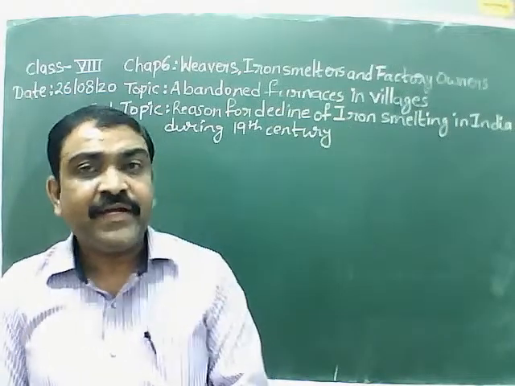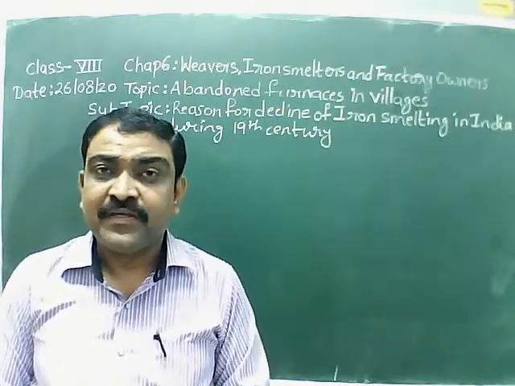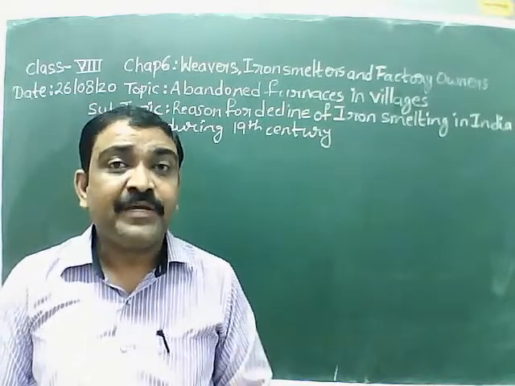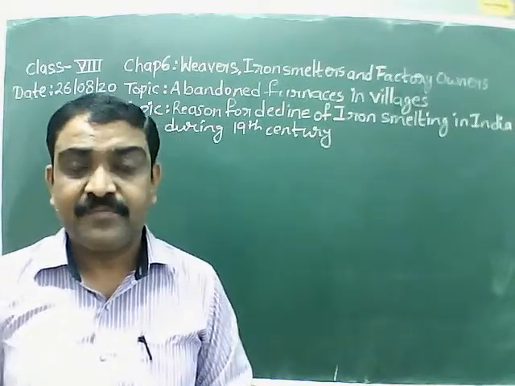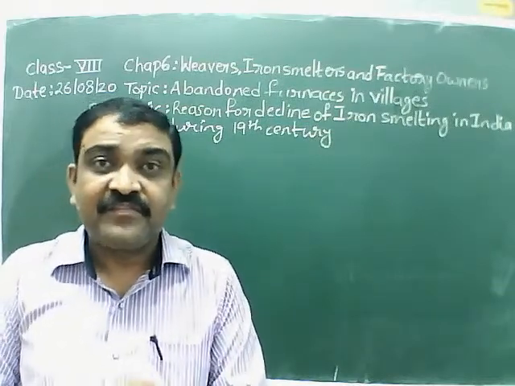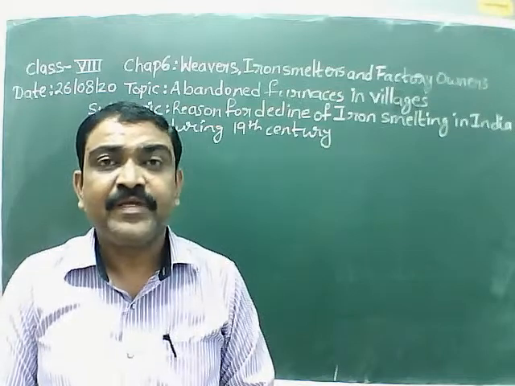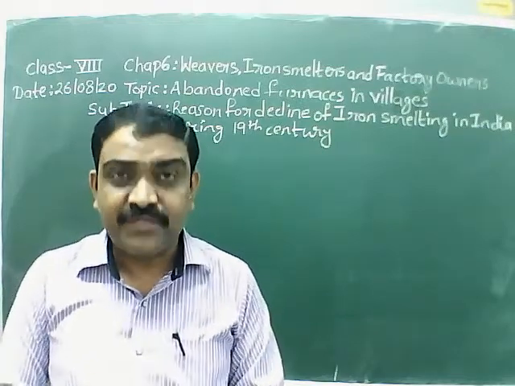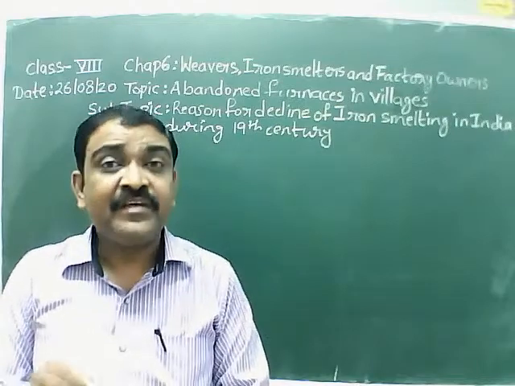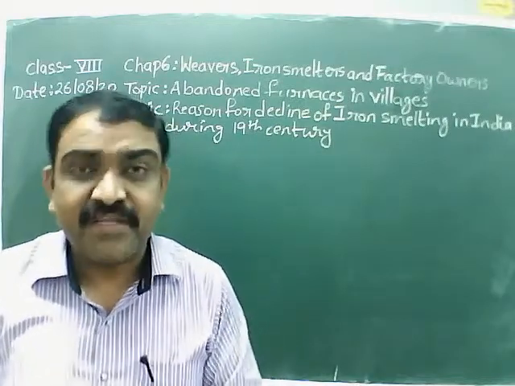At the end of yesterday's live class, I told you that because of a number of factors and conditions that started emerging in India, the iron and steel industry started declining.